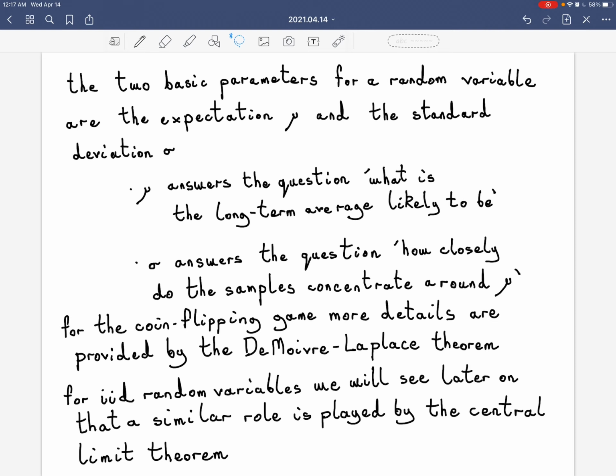And there's another way you can get information about probabilities related to mu and sigma, which is much more finitary and quantitative. I'm going to introduce that now.